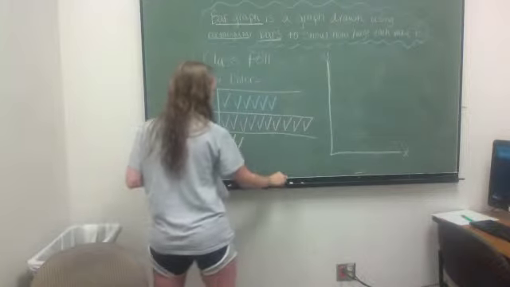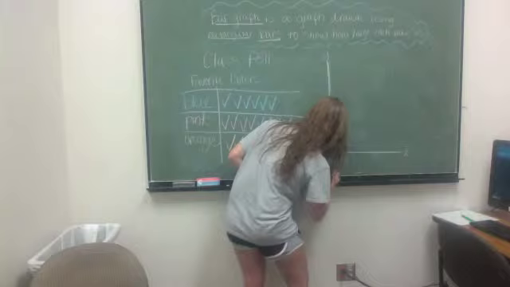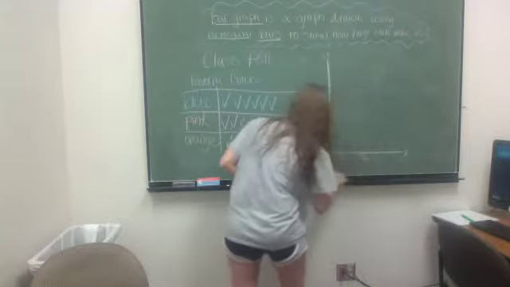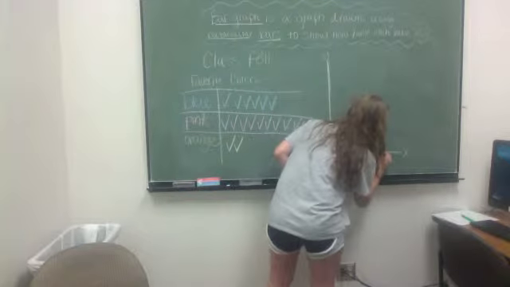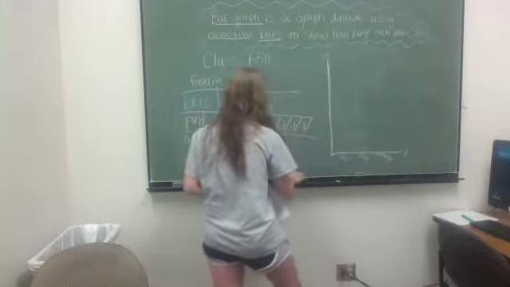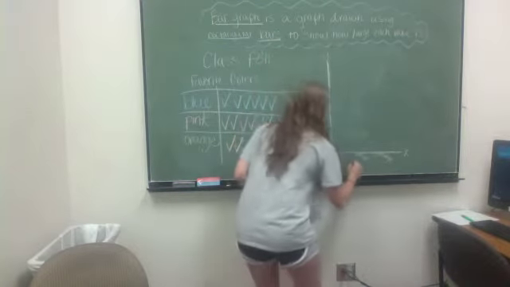Okay, we can put blue, pink, and orange. So we'll put blue, pink, and orange. And what are these? What would we label our x-axis? Are these types of students? No, they're the favorite colors.